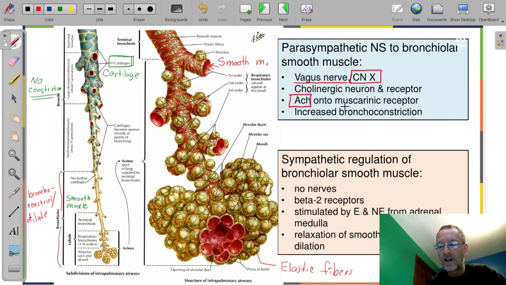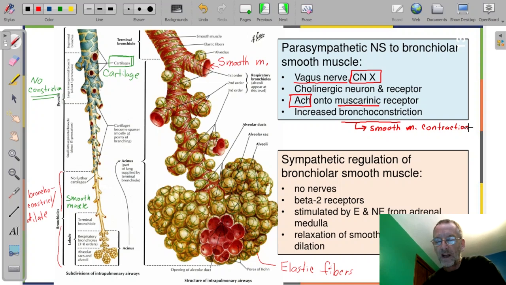And the cholinergic receptor is a muscarinic receptor. And that stimulates smooth muscle contraction, and that leads to bronchoconstriction. So the bronchiolar smooth muscle contracts, narrows the airway, we have bronchoconstriction.